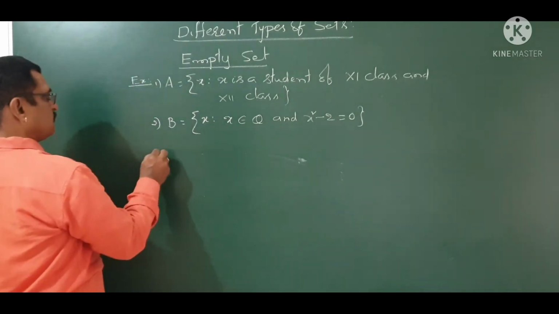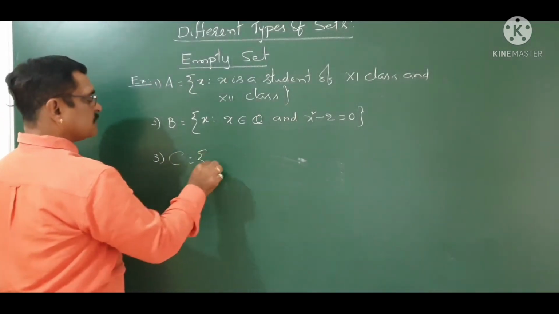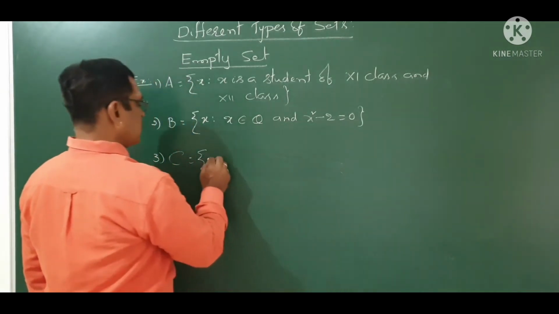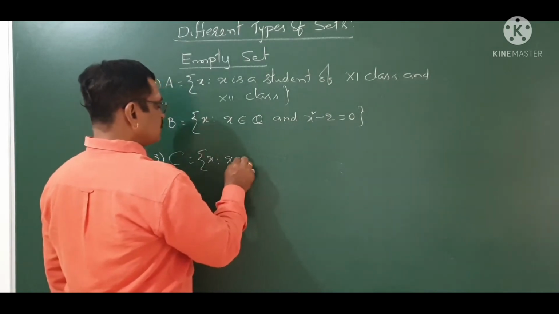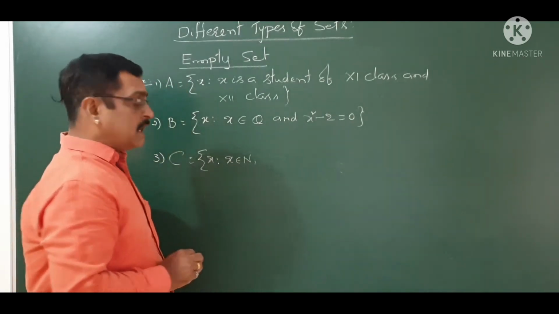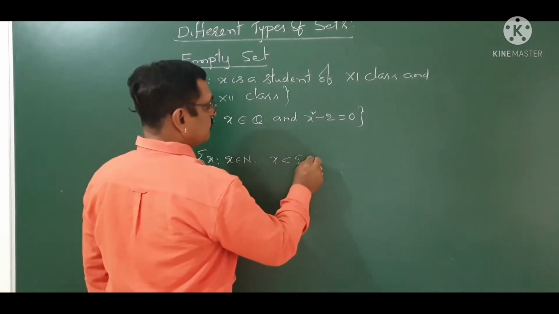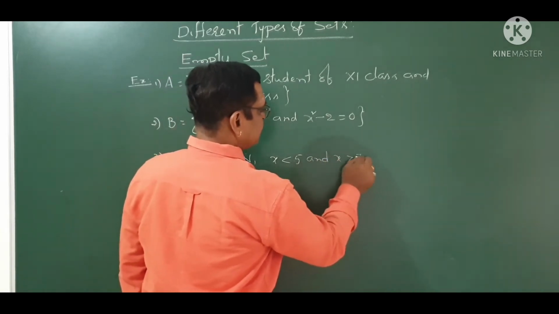Next example. Let us see x such that x belongs to natural numbers and x is less than 5 and x is greater than 7.